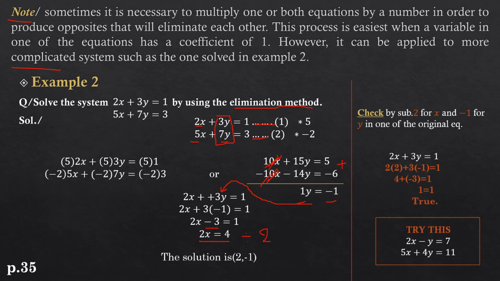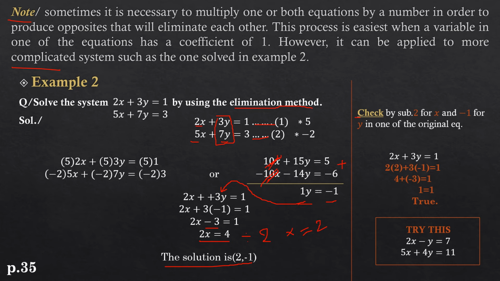Because 2 is with the variable. So x will equal 2. So here it is, the solution. The solution is 2 and negative 1, where 2 is the value of x and negative 1 is the value of y.